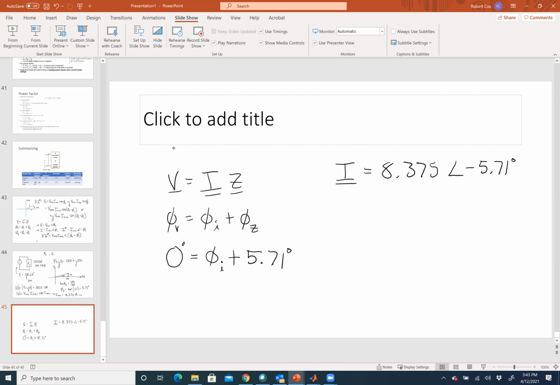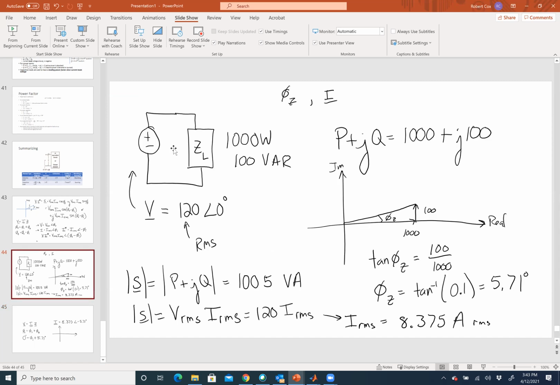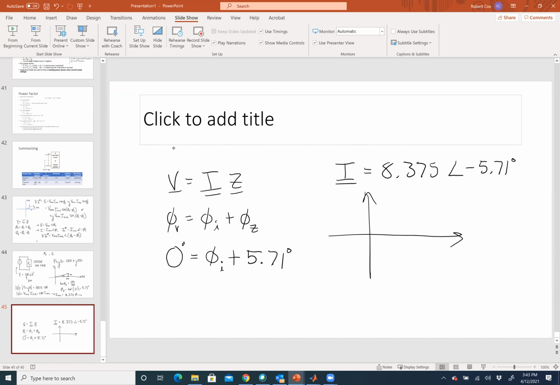Now, when we talk a little bit more on Wednesday, we sometimes refer to this situation where I have a negative angle. Let's draw the vector here. If I were to draw the phasor for the voltage, V was 120 angle 0.